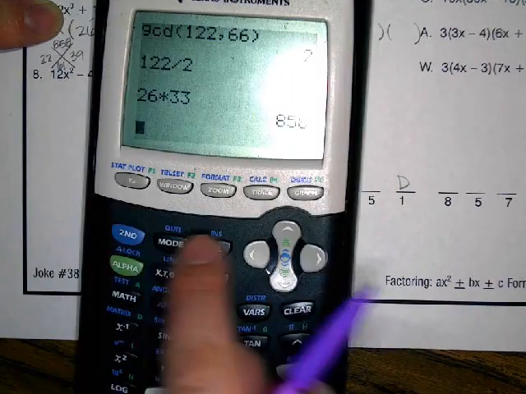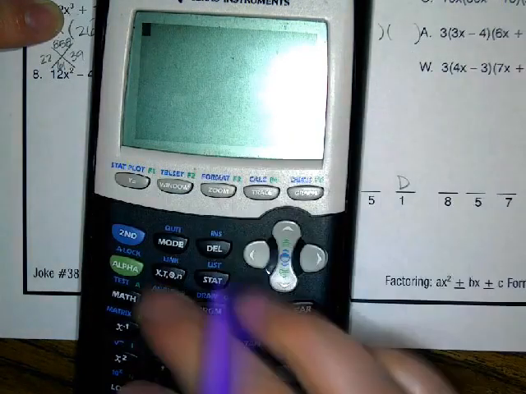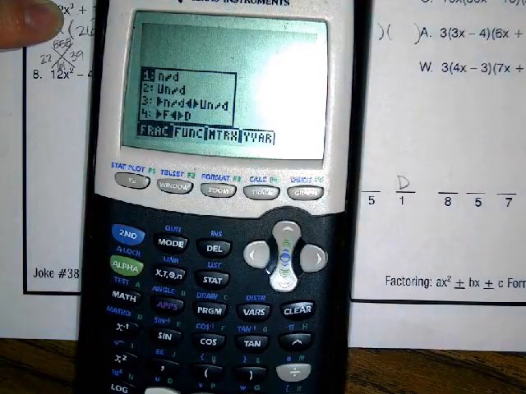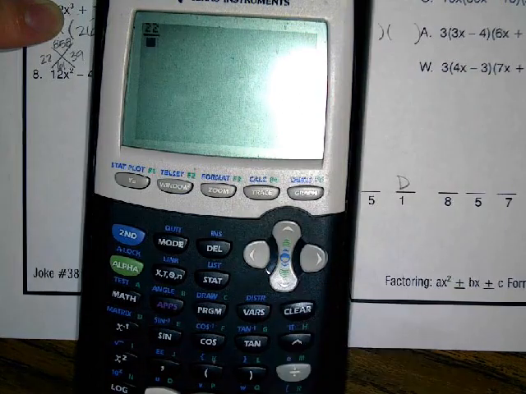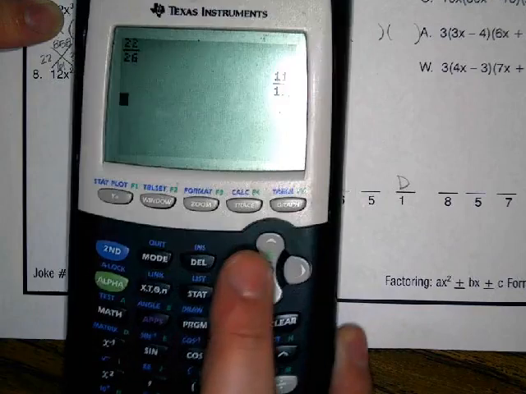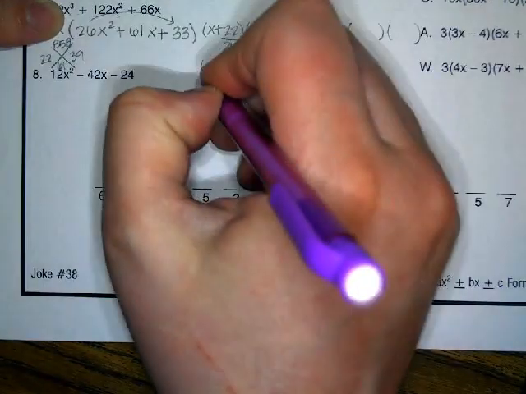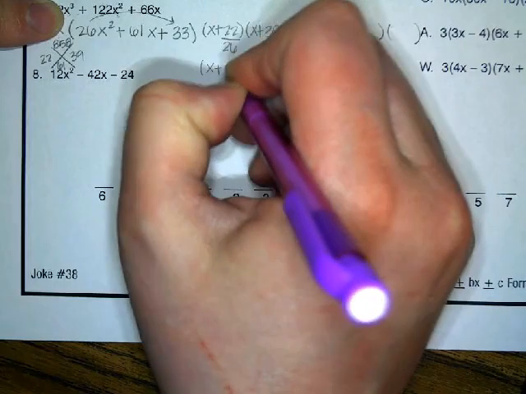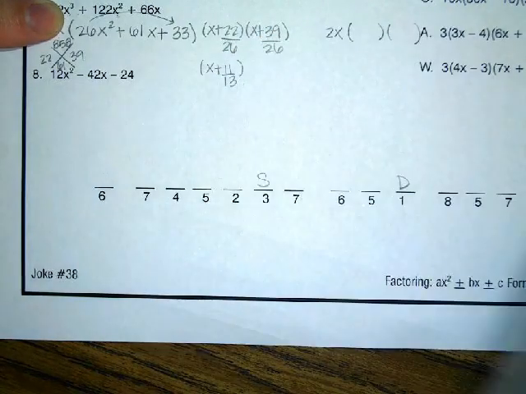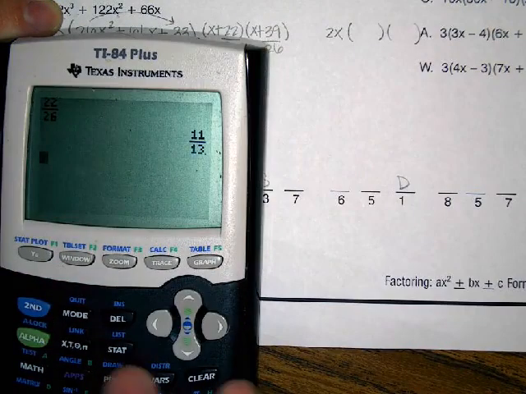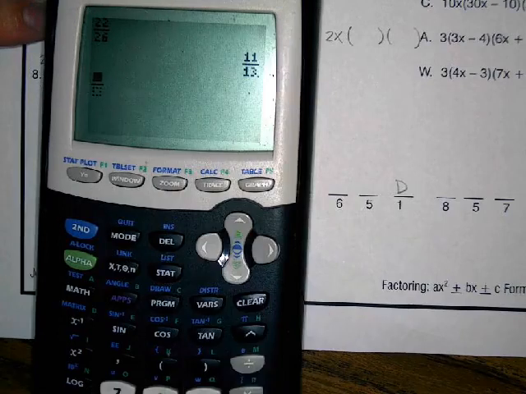So I'm going to hit alpha y equals. 22 over 26 reduces to 11 over 13. Okay. And then the other one is 39 over 26. Which reduces to 3 over 2.